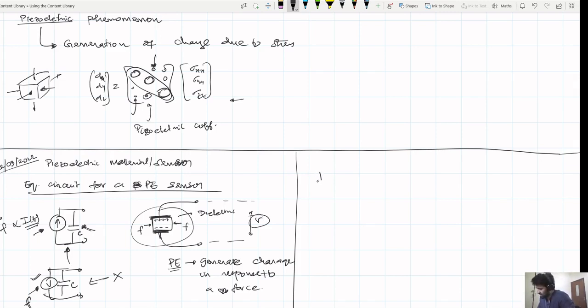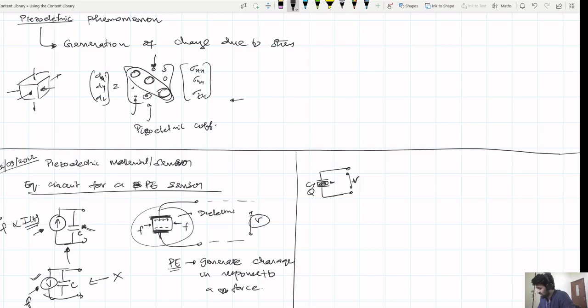What is the problem of the sensor now? If we take the piezoelectric crystal, it will generate a voltage V, because you have a capacitance C and the charge Q is deposited on the capacitor because of the force that is applied.